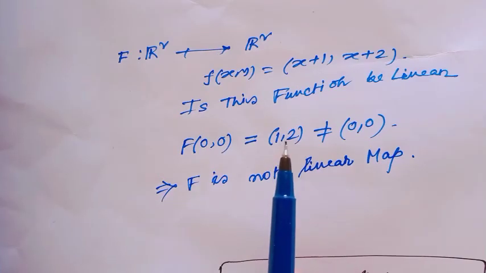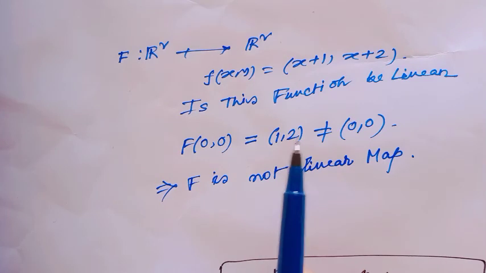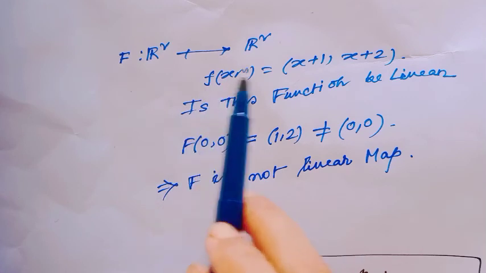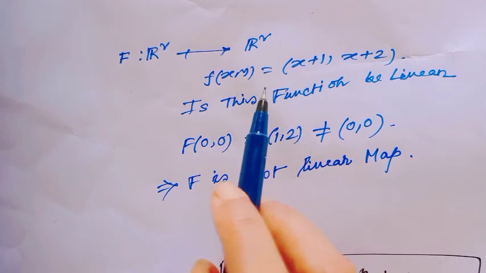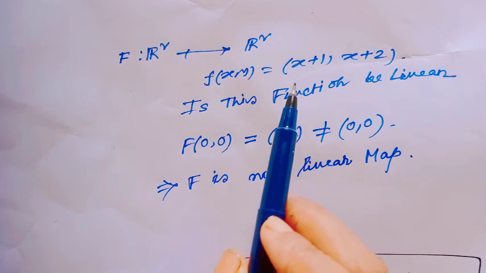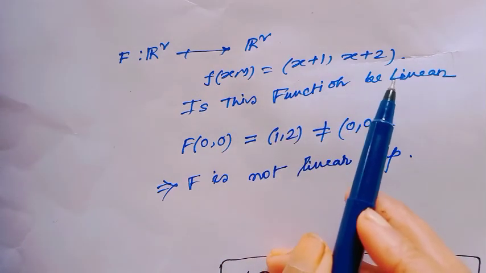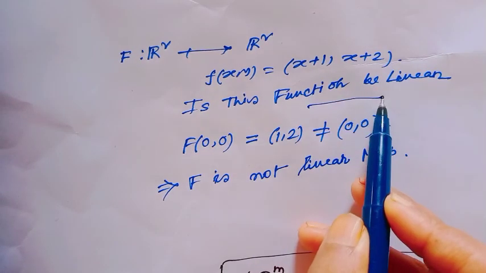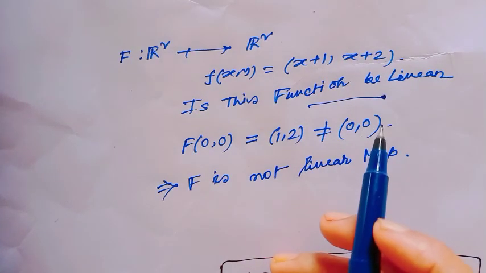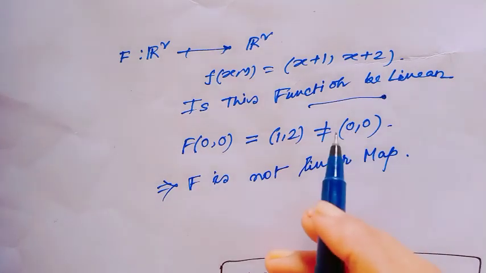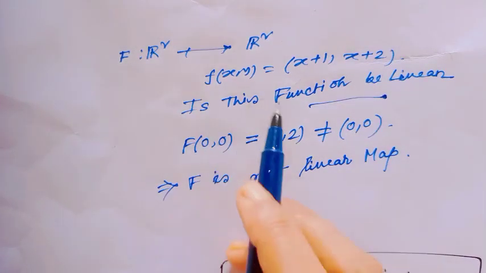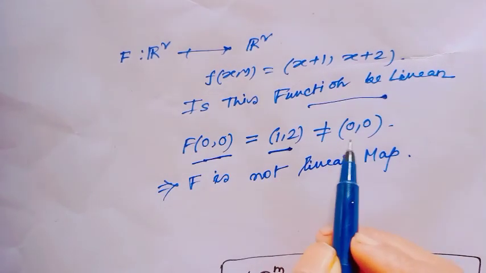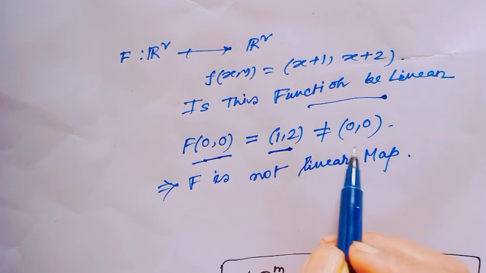Consider one easy type of question, but very interesting. Function defined from R2 to R2 such that f of (x, y) equals (x plus 1, x plus 2). Is this function linear? Just think. No. Because here f of (0, 0) equals (1, 2), which is not (0, 0).